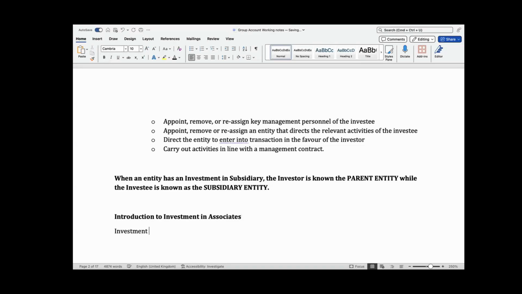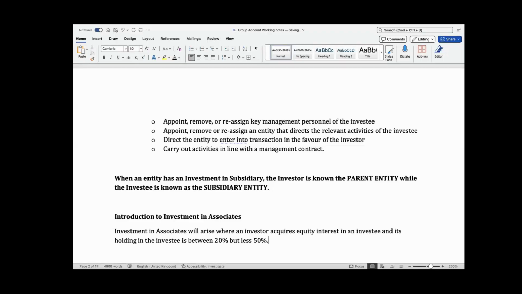So investments in associates will arise where an investor acquires equity interest in an investee and its holding in the investee is between 20% but less than 50%.